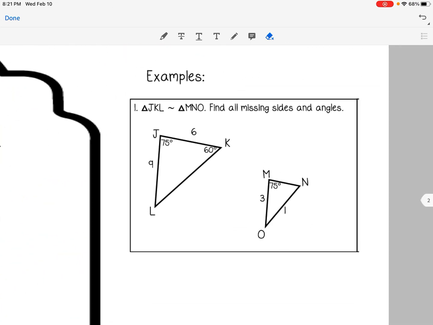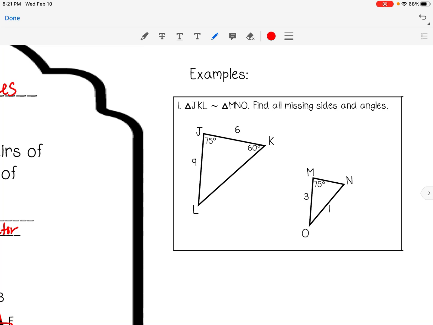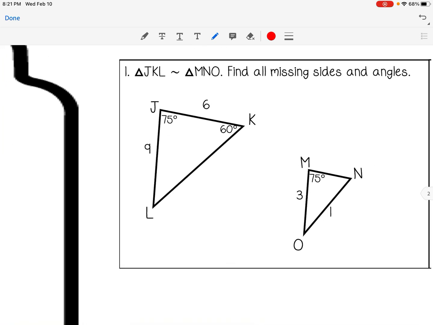So let's look at our examples on the right. Find all the missing sides and angles, and they tell us that these two triangles are similar, so we know that ahead of time. Again, if J is first, that's going to correspond with M. Let's look at J and M, make sure they are corresponding. They are, because they are the same size. Okay, let's look at K and N. Those are going to be corresponding. It looks like we're missing angle N, but since K is 60, we also know that N is going to be 60.